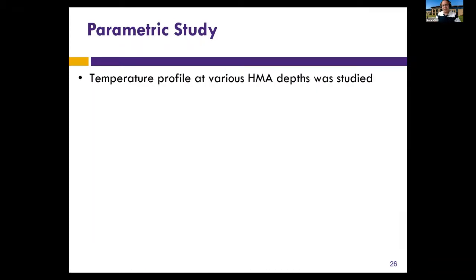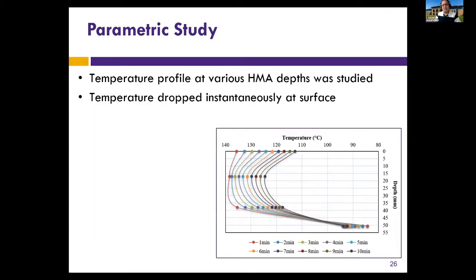We also looked at the variation through depth. And this graph here shows you that at the bottom of the overlay, there is a significant temperature differential if you compare it to the top of the overlay. So, for example, at the top here, you have this temperature. And if you follow this curve, you see that you have a much lower temperature at the bottom.